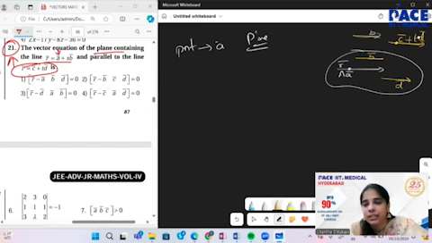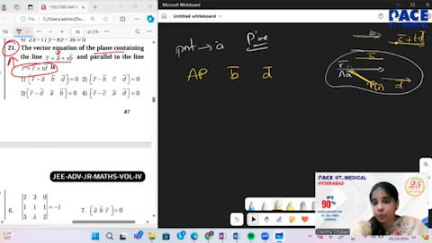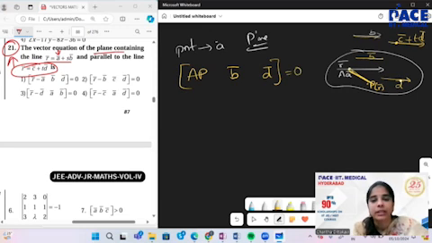Hence, I can conclude I have my R passing through point A. Hence, I will represent by some point P with my R there, which is AP is one vector, B is one vector, D is one vector, and these three are coplanar, isn't it? AP, B and D, all these three are lying on the same plane. Hence, their box equal to 0 is what I can consider.